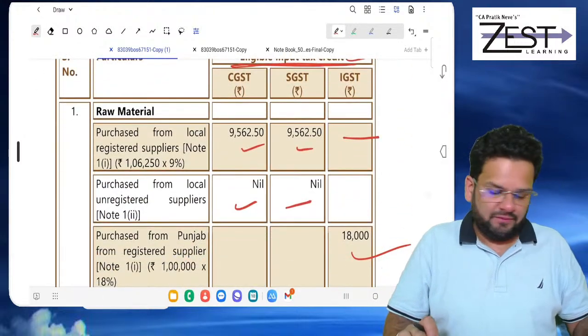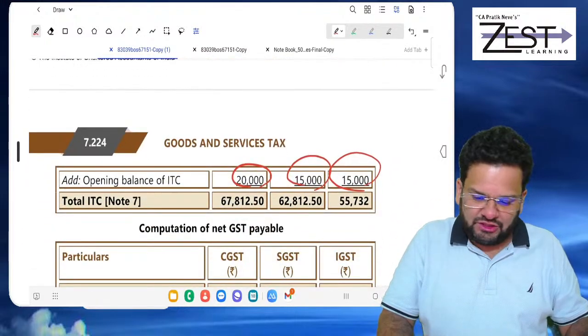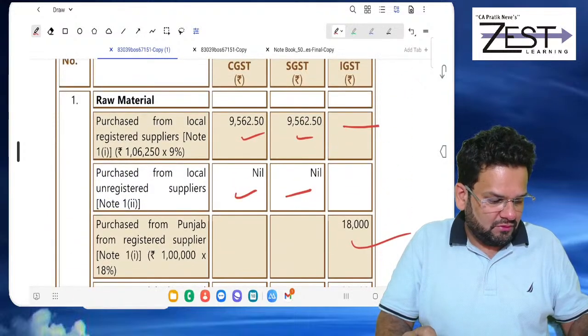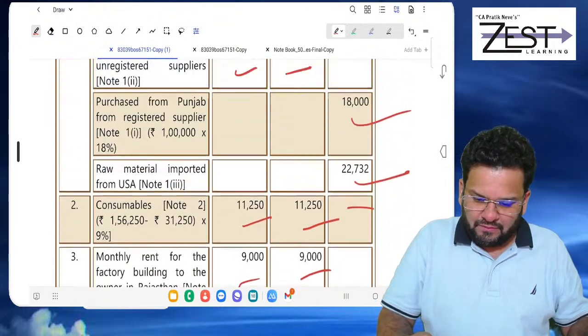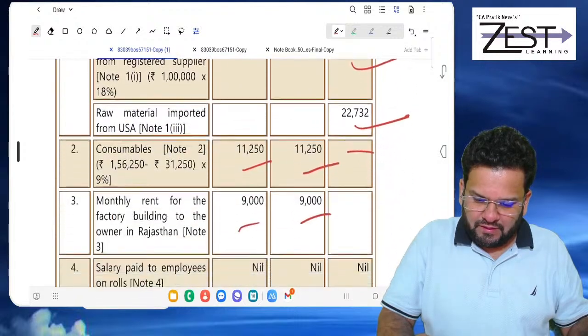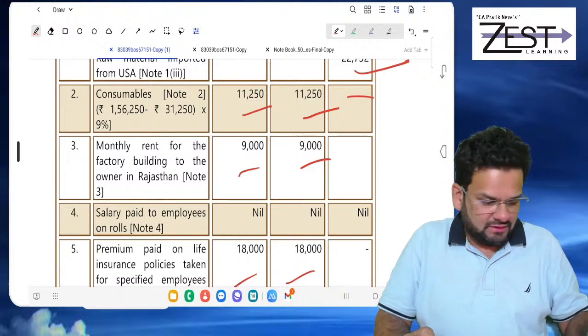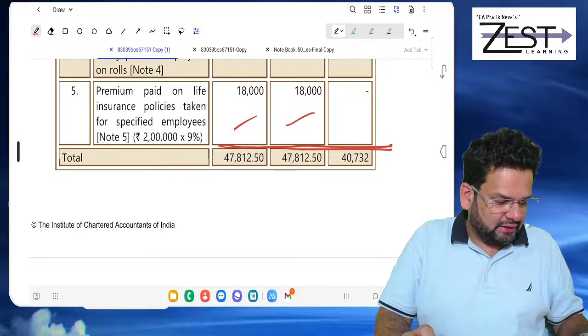I would say take the opening balance also. 20,000 CGST opening balance plus 9,563 plus 11,250 plus 9,000 plus 18,000.